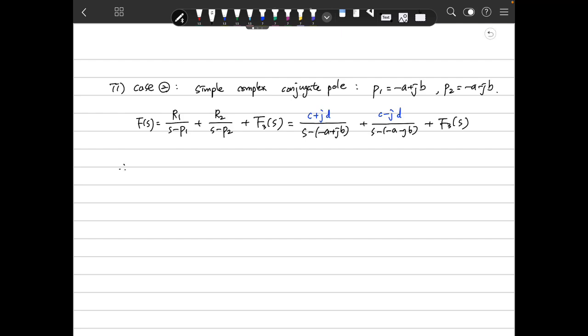Then Fs can be rewritten like that: S plus A minus JB and S plus A plus JB, with C plus JD times S plus A plus JB, plus C minus JD times S plus A minus JB, and F3S.